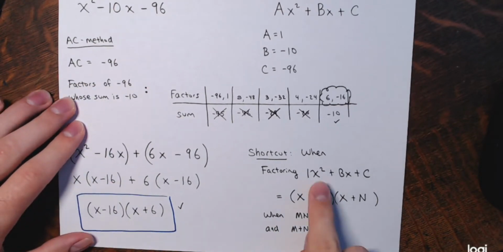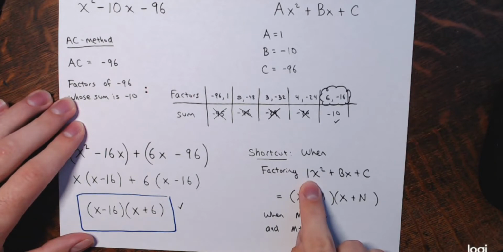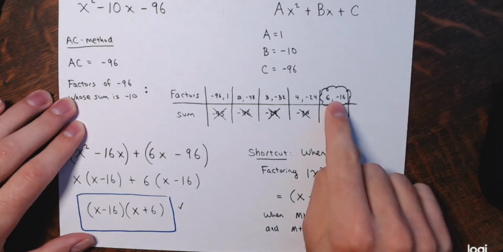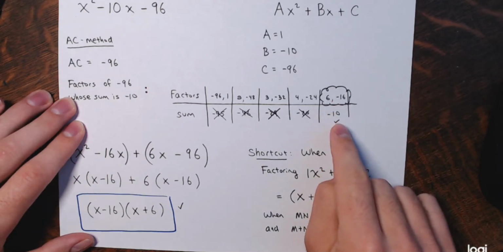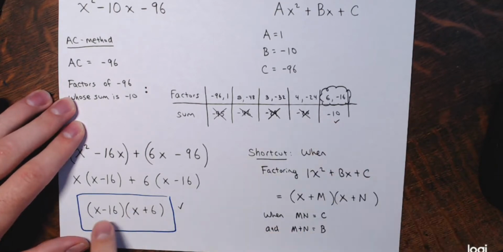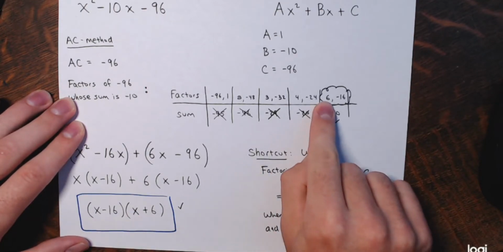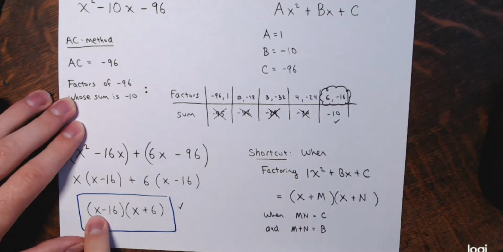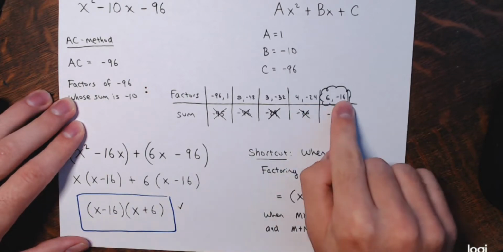So when the lead coefficient is 1, just go x plus a number times x plus another number, and those numbers are the factors of AC that added up to the b. Right? So you see how there's x plus 6, right? X plus the 6. The other factor is x plus negative 16, and that was the other number, right?